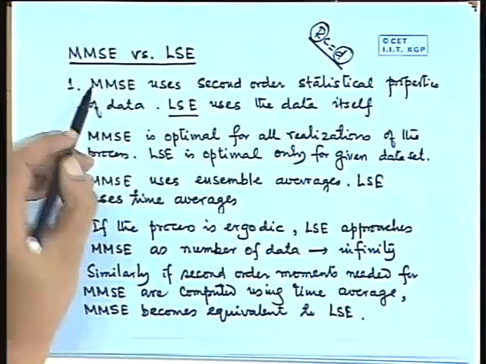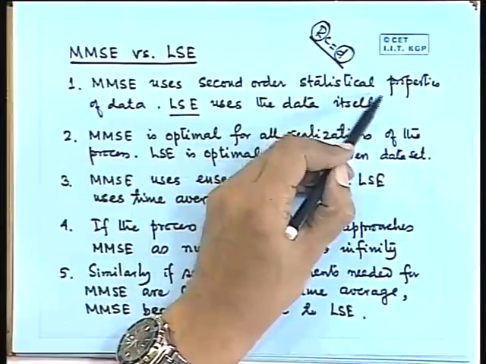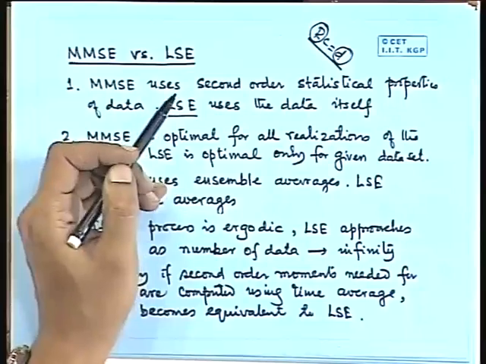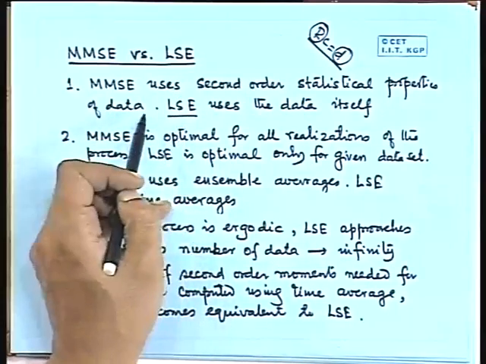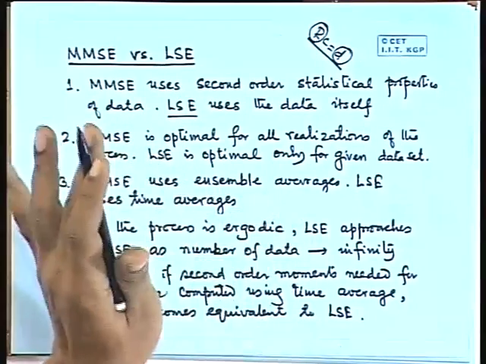Everything is calculated based on data, so it is a very practical technique which can be applied in all situations. That is why it is so popular. So this is the first thing: the MMSE needs second order statistical properties of the data, while LSE does not need any second order properties, it just uses the data itself.